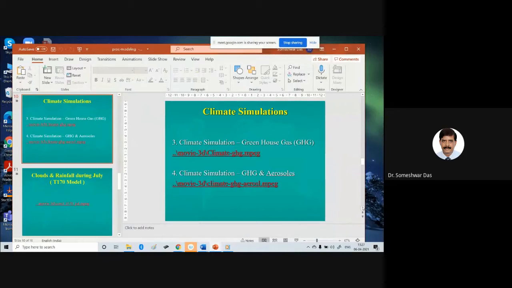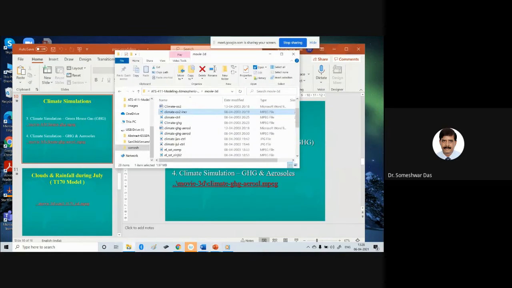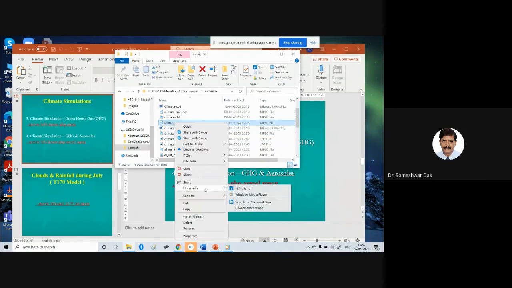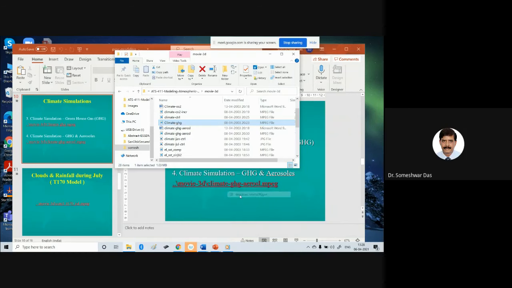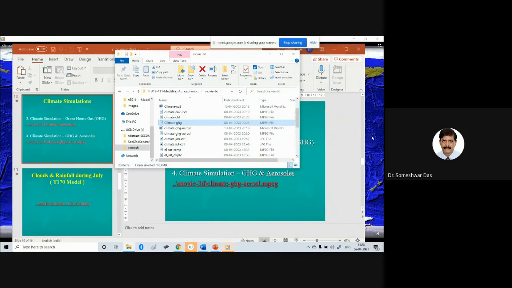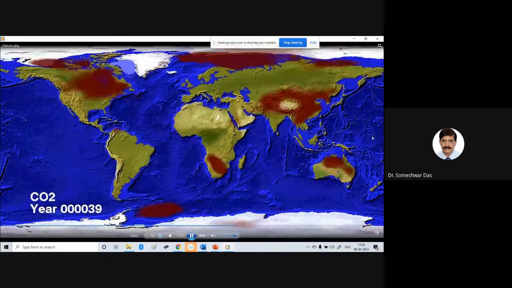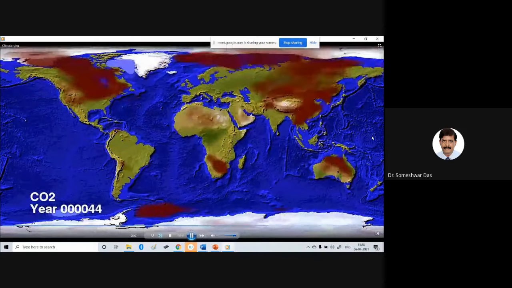Now this is the climate simulation using greenhouse gases, GHG, and let's see how that looks like. Yeah, this is the climate simulation using greenhouse gases. Open with. Well, now this is a different projection. What you saw earlier was a spherical projection.